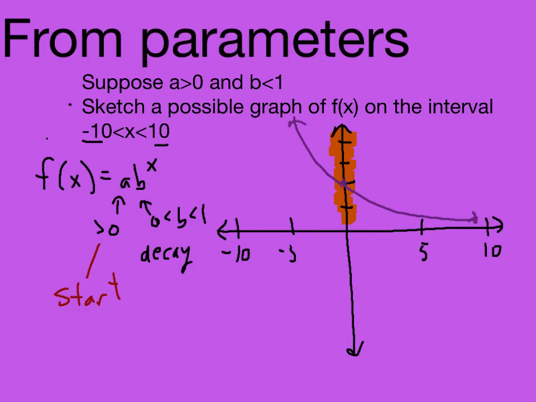And this graph would meet the parameters. Its start value is bigger than 0, because b is between 0 and 1, it is a decay graph, and that's all we need to do. Now you know how to sketch your graphs from tables, from equations, and from a set of parameters.